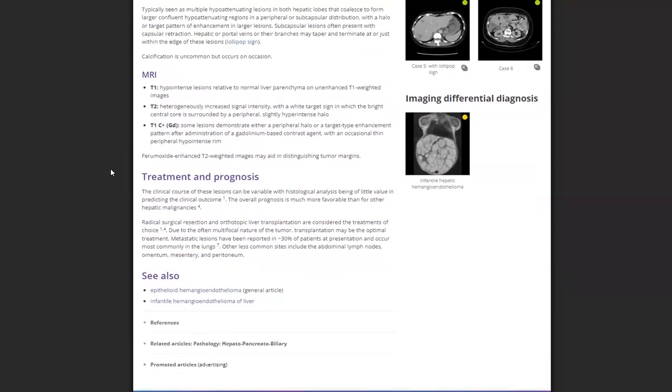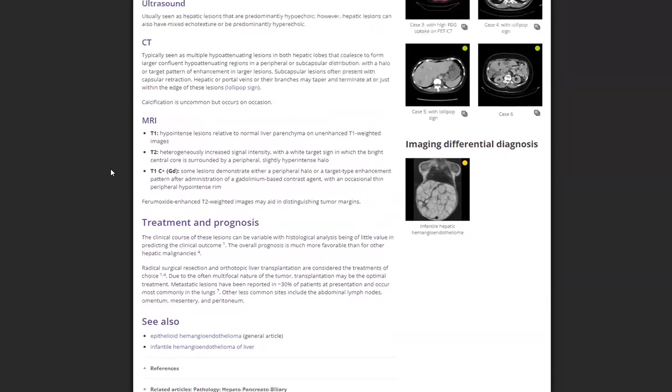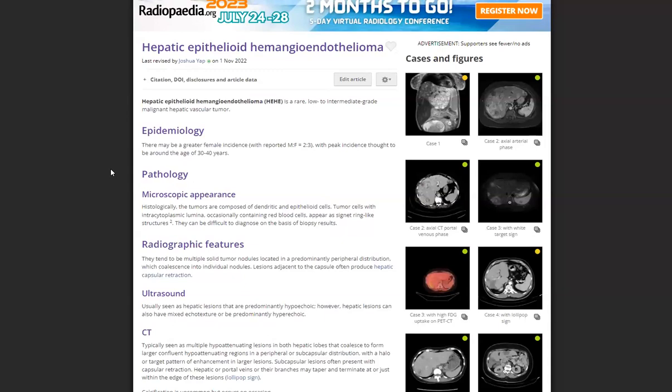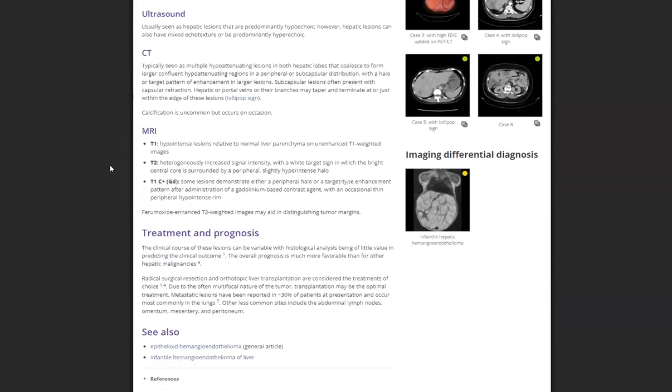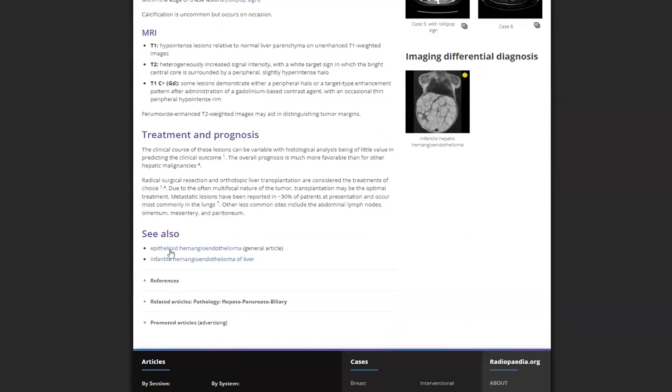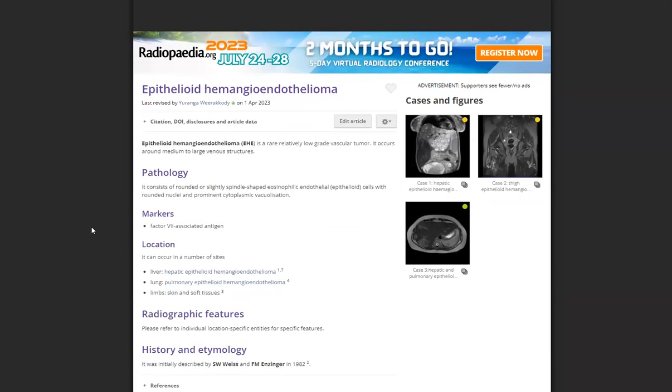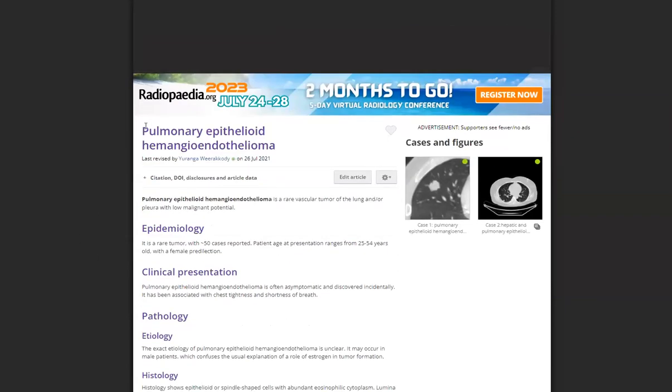If you scroll up, you're in the hepatic EHE, but there's also pulmonary EHE. So it's interesting what you say, that they were mets, because I just wonder if they're truly mets or just the pulmonary manifestation of the same thing.